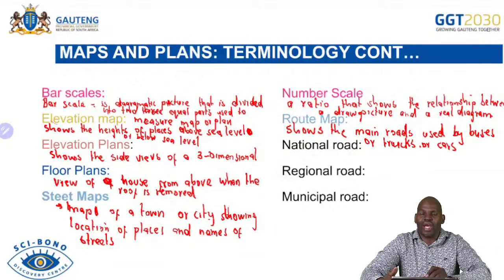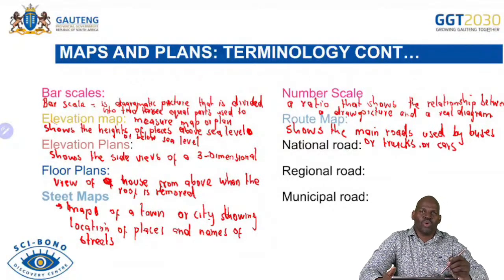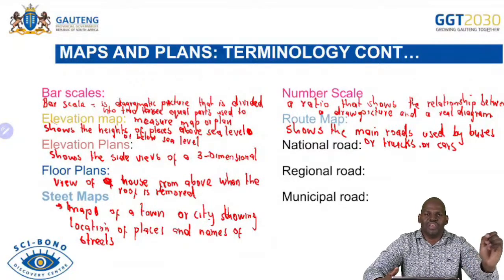And then we've got the national road. Think about national roads. In South Africa, we've got many national roads. The most popular one is N1, and then we've got N12, N14, and N3. N1 starts from Limpopo all the way to Cape.